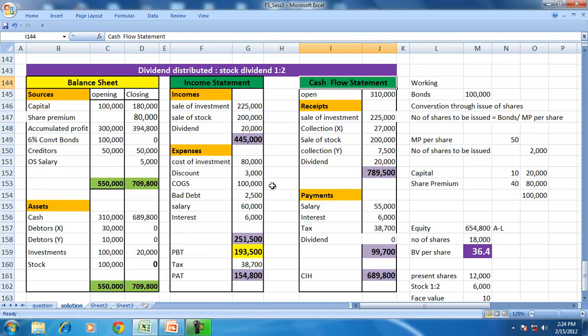Every decision will find a place in the financial statements in the form of financial items. By observing the financial statements it is possible to understand what those decisions are, and it is necessary to examine the effect of those decisions on some important indicators. One such indicator is the book value per share.